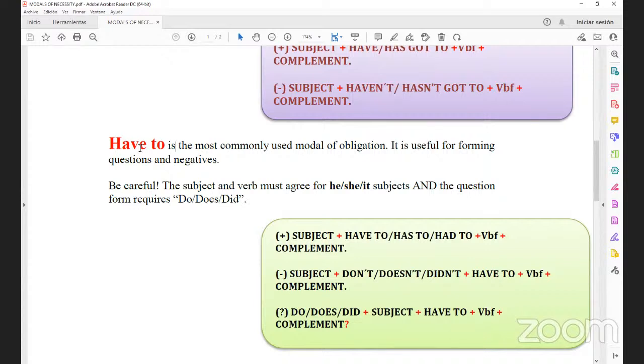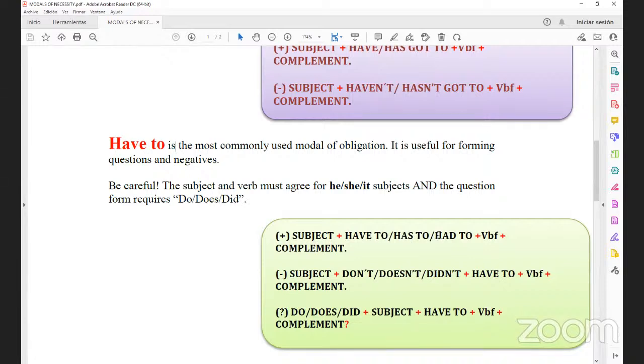With this have to, we have three options: we can make affirmative sentences, negative sentences, and questions. This is the only one with which we can make questions. So have to is the most commonly used, but we have to be careful with the subjects.